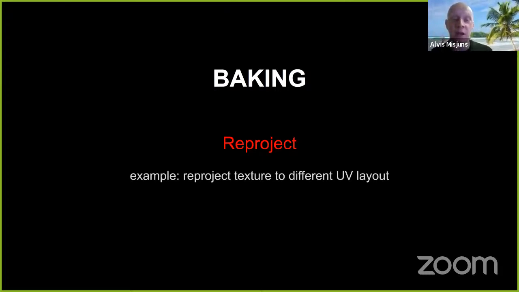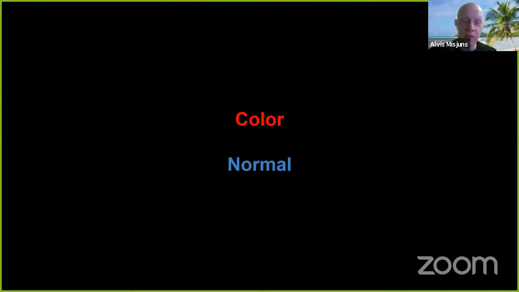We have our high poly model. We duplicate it, reduce the poly count, or do a retopology on it, and then we bake the old UV to the new UV. And the thing that we're going to bake is a color and a normal map.